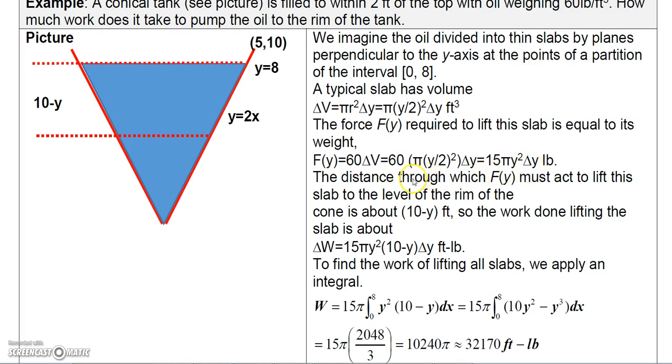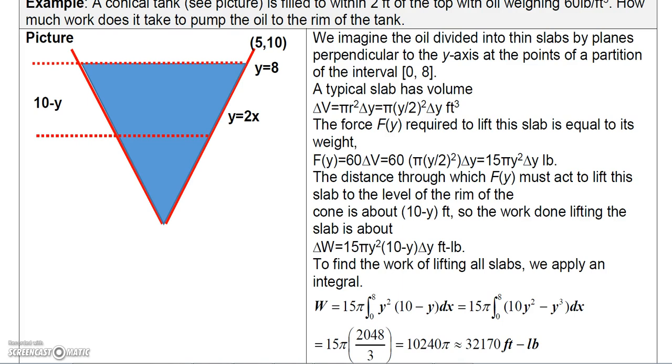Now the distance through which this force must act to lift this to the rim is 10 minus y feet. So the work done lifting the slab is 15 pi y squared delta y times the distance, which is 10 minus y feet.